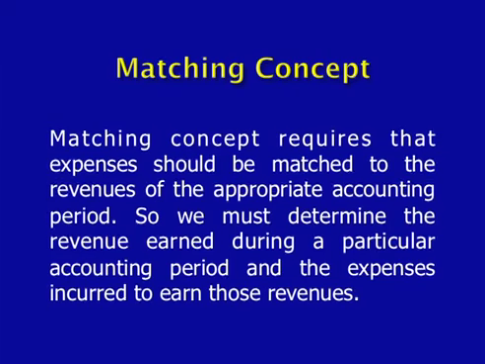Here, we match in the income statement all the expenses against the incomes, so that we come to know the value of the profit or the loss, that is net profit, net income or the net loss. Now, we must determine the value of the revenue earned during a particular accounting period and the expenses incurred, and the resulting net difference is either profit or loss.